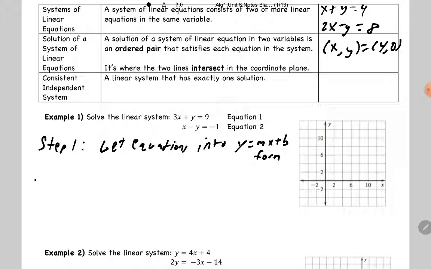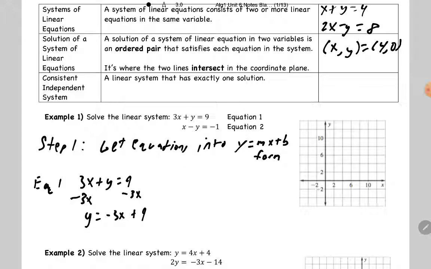Okay, so equation 1, we have 3x plus y equals 9. In order to make this into y equals mx plus b form, I'm just going to subtract 3x from both sides. So y equals negative 3x plus 9. Okay, equation 2.